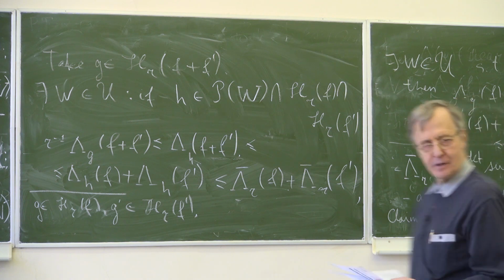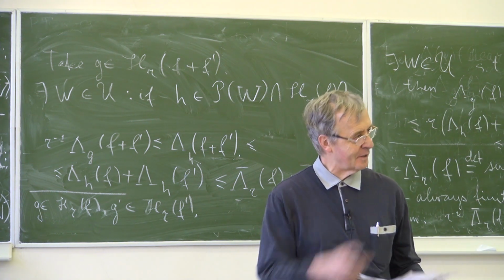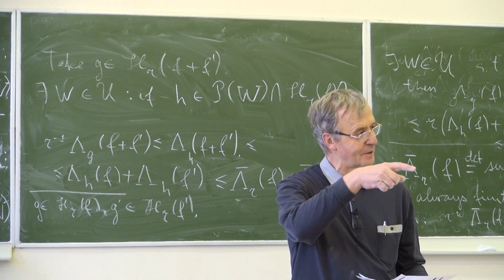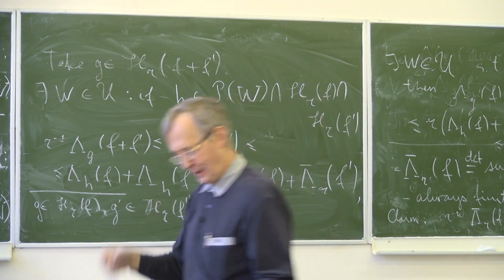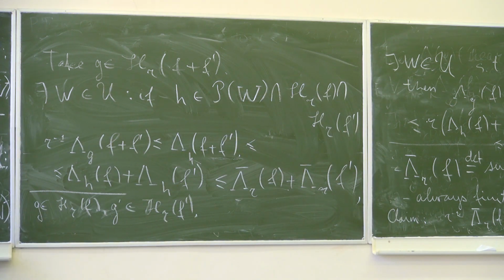So probably let's start with this lemma about superadditivity. It's lemma 1. Okay, let's start with lemma 1. But the proof will not be direct somehow. It also will be with some reverse movement.